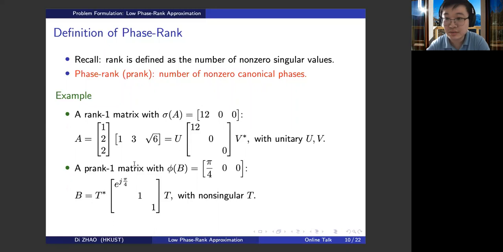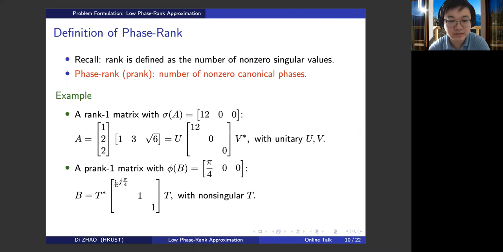And what is a Planck 1 matrix? It's very similar. We use the so-called sectorial decomposition. Here T star and T are non-singular, and those diagonal terms are important. The first phase of this matrix, pi over 4, is put in this way.